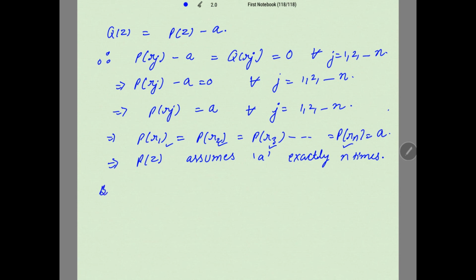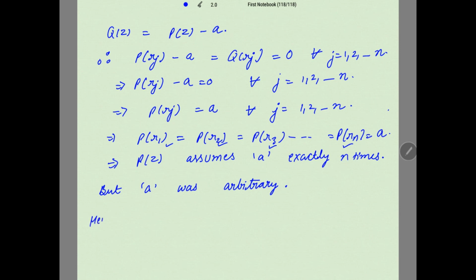So now I can write the result for each complex number: it is assuming each complex number exactly n times.